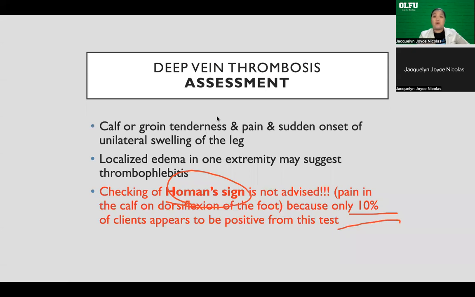Kaya nga, good kung positive ang Homan sign. Alam mo na, DVT yan. Pero kung negative ang Homan sign, you must not rely on that. Because again, only 10% of clients with deep vein thrombosis will actually test positive for Homan sign. So again, it's not accurate at that today, okay, based on the recent studies.